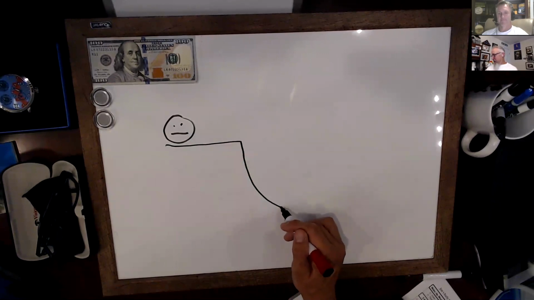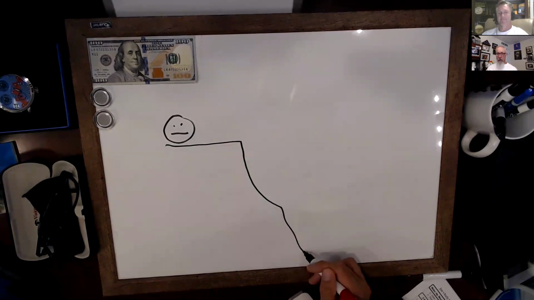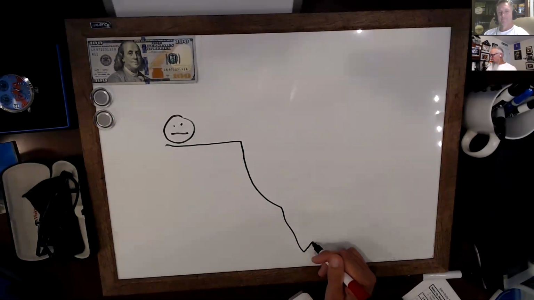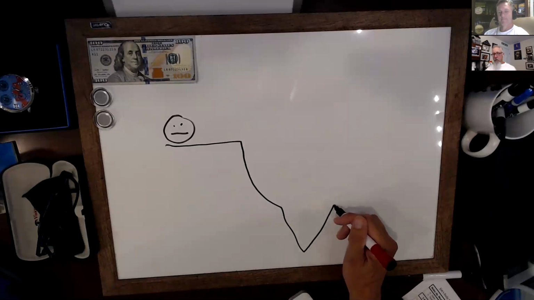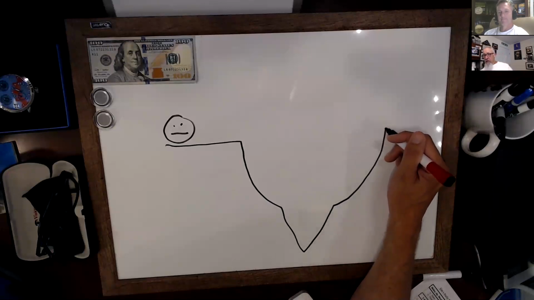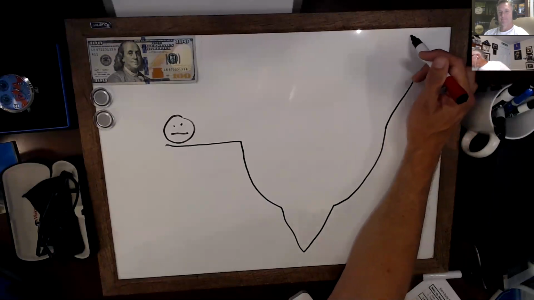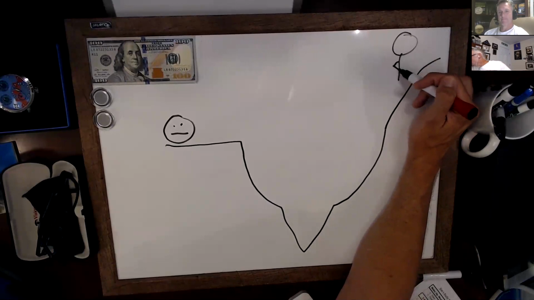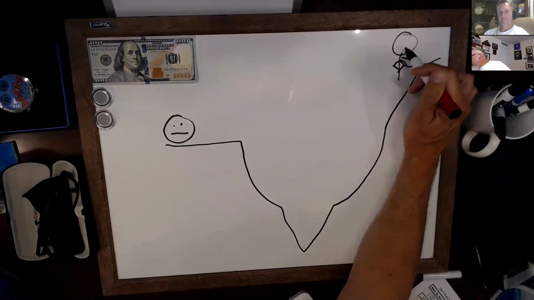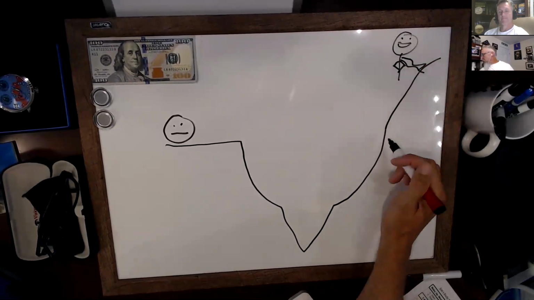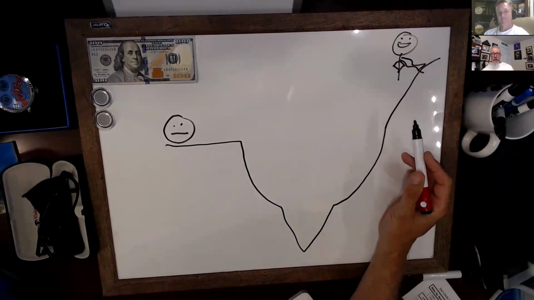And then you have a real dip where they really go to crap. And then there's a revelation where they start climbing their way out and then they grow, and then there's an ascension to the next level where our hero with the cape is totally transformed and they're never the same again.